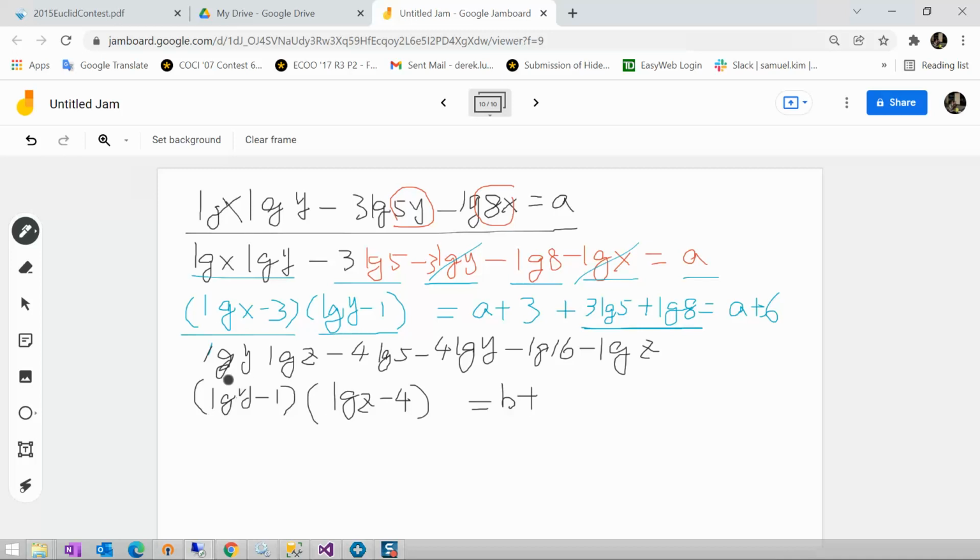So log y log z cover here. This is 1z, 1z covers here, right? 4y covered here. So basically we're missing 4. Should we put 4 back here? And we'll plus 4 log of 5 plus log 16, right? This one 4 log of 5 goes back, 16 is what, right?